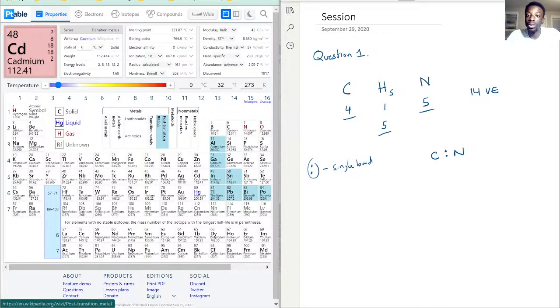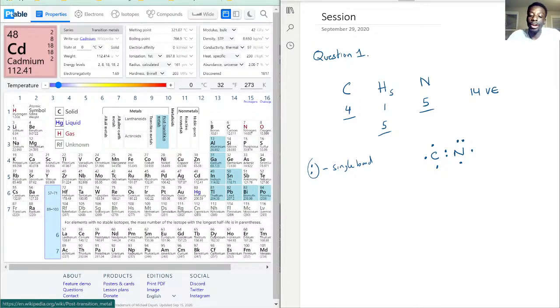So nitrogen still needs 4 more and carbon still needs 3 more. So let's fill it in here. 1, 2, 3. So that's theoretically carbon right now, and nitrogen would be 1, 2, 3, 4. So carbon and nitrogen are now, quote unquote, done in what they can contribute.